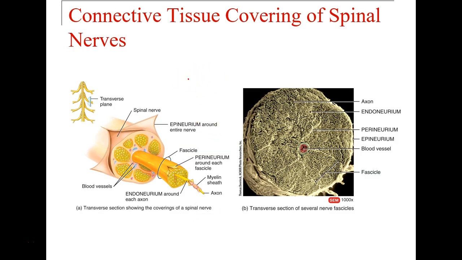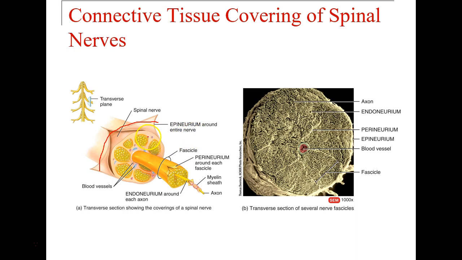Let's take a look at the structure of a nerve. Much like the muscles, we have a different layering system, and we have protective coatings around each layer. So taking the full spinal nerve into account, we have epineurium, just like epimysium.